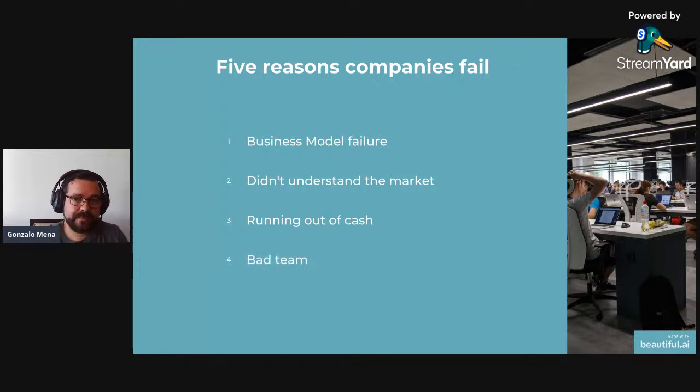Because of a bad team. We will dig deeper into this in further lessons, but picking the right partner for a new endeavor is extremely, extremely important. Doing this alone is very, very hard. I do not recommend it. Find partners to help you with this. People who are equally passionate as you for the problem, for the technology that you're going to use, for helping people.